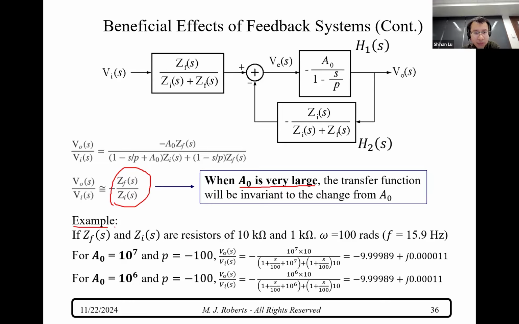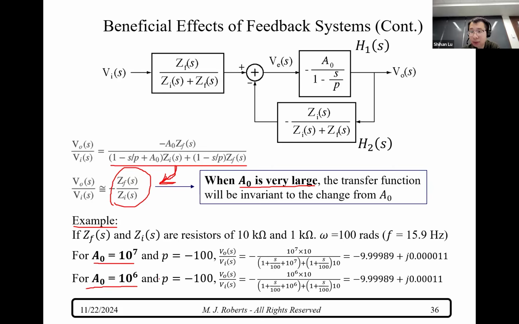Here is just an example to prove that when A naught is very large, it is valid to apply such a simplification from here to here. Using the rational form here, you just plug in a set of typical values from the op amp. For example, A naught is 10 to the order of 7, which is pretty large, compared to A naught being 10 to the order of 6.